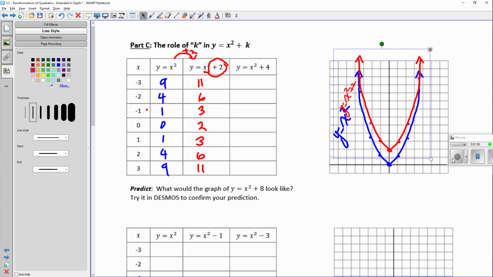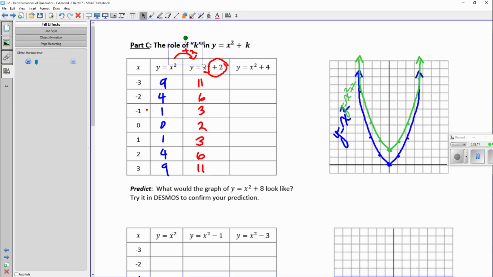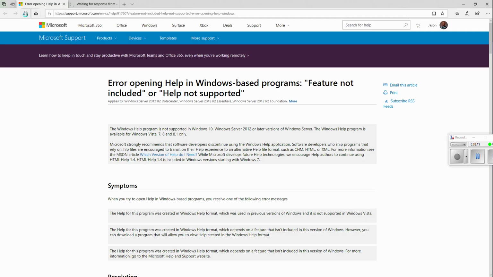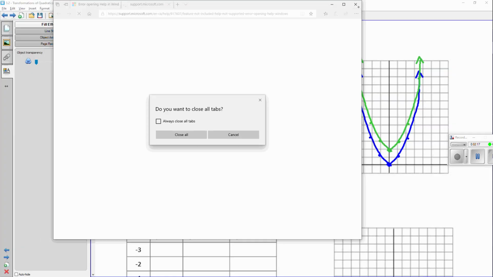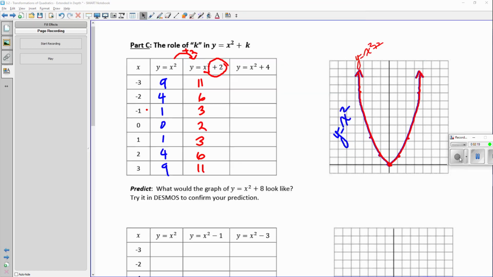So now let's take a look at the last graph, y equals x squared plus 4. If we're using the same concept that we did before, we're just adding 4 to basically... So now if you think about it, what we've literally done is we've added 2 to our original graph, y equals x squared.